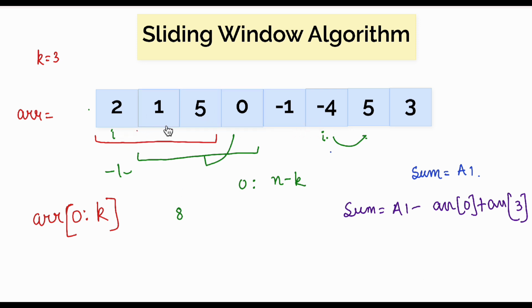It will go from 0 1 2 3 4 5 6. It is going till 6, and k's value is 2, correct? Now suppose my window was 3, so it will go till this particular point. So it will become 5 in case of k equal to 3. So if you clearly see the pattern, it is n minus k. So 8 is n, and minus k is the point till where the initial pointer is going.